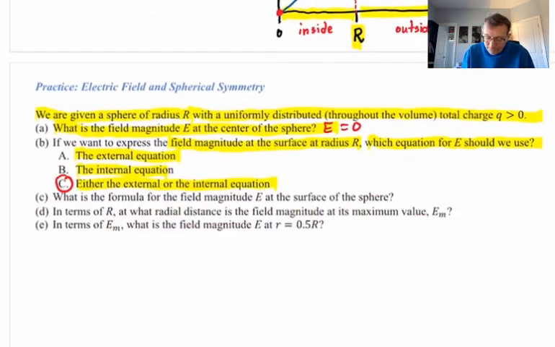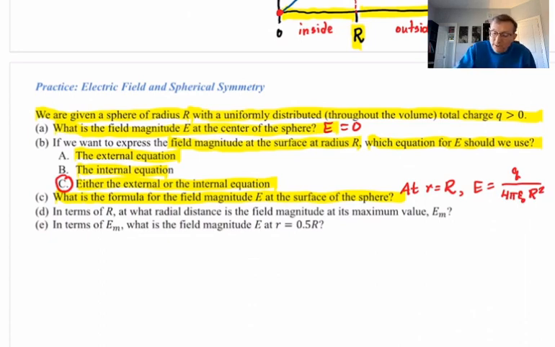That's that one. Next, what is the formula for the field magnitude E at the surface of the sphere? Feel free to pause it if you wish. Well, we actually just talked about it, didn't we? We're now talking about that radial distance. It is the total charge Q over 4 pi epsilon 0 big R squared.